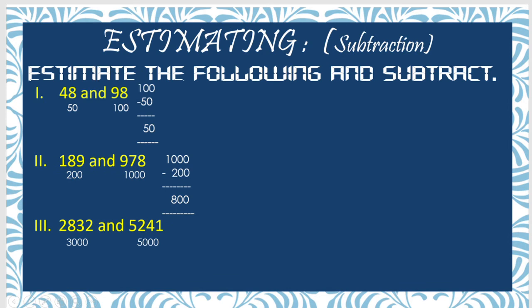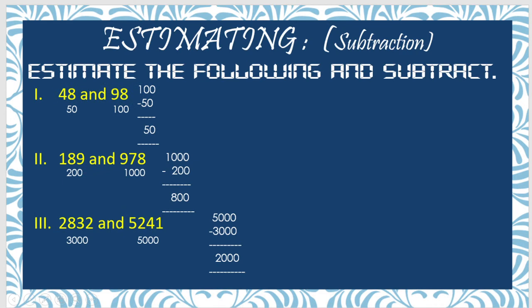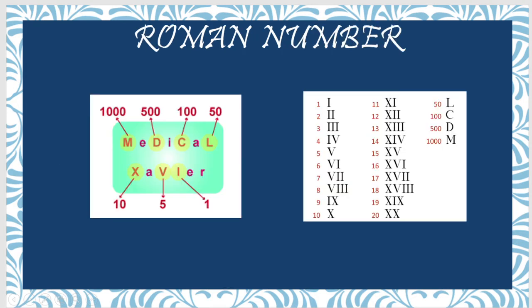Let's see this. 3000 and 5000 and 5000. Yes, it's an easy calculation. You don't have to concentrate on this calculation. It's very easy. The major thing is the number and the estimation. If you have learned the estimation correctly, then it's very easy for you to just calculate the number.